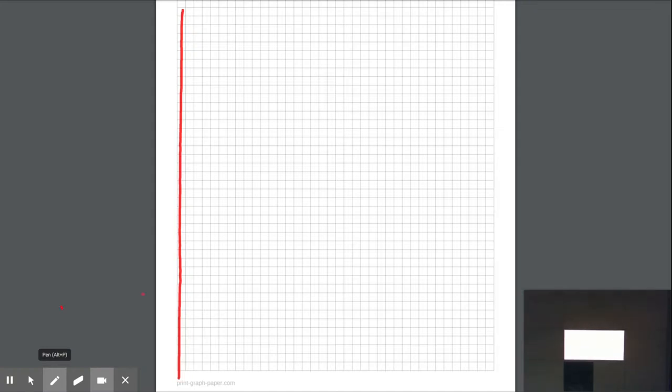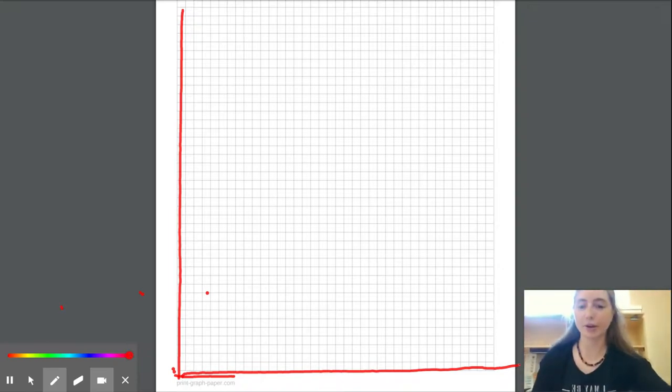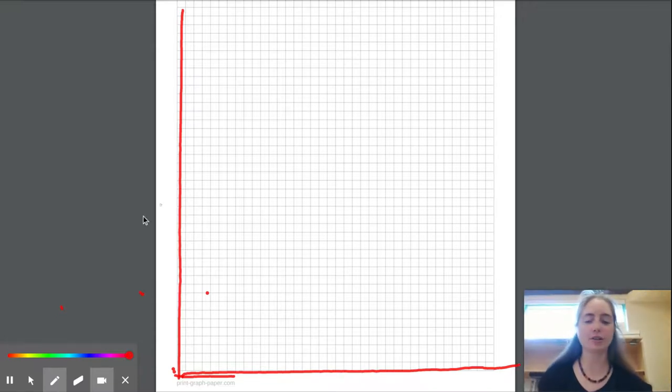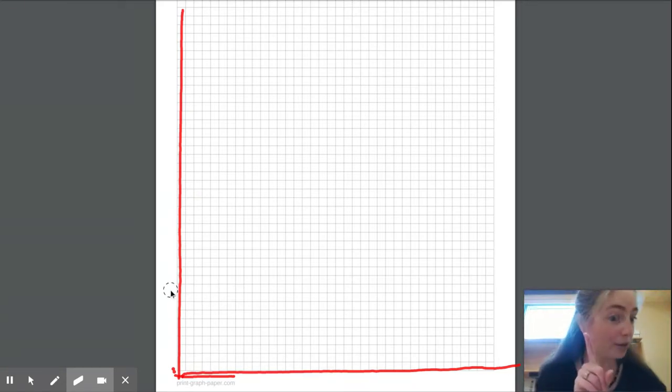This is as best as I can get here, so I'm sorry if this is going to be a mess. I am fully expecting your paper graphs to be a little bit nicer than this. There we go. It's as straight a line as I am going to be able to get. So I have my axes. I'm going to erase those random dots because we don't need random dots on our graph.